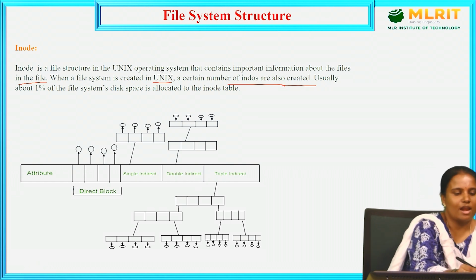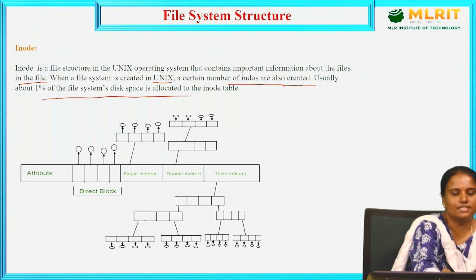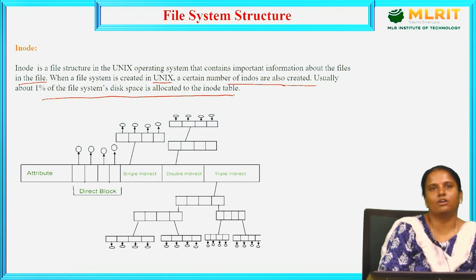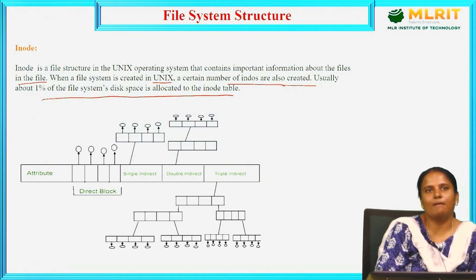Usually about 1% of the file system's disk space is allocated to the inode table. Why? Because other than that 1%, no other file can be inserted. Only 1% of the disk space is used for each file system.